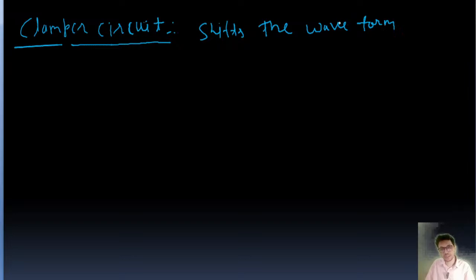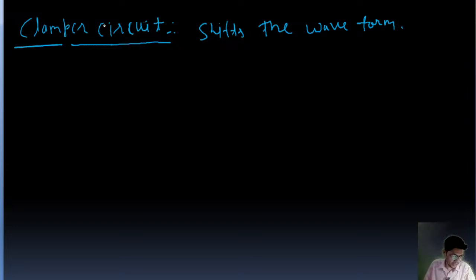What does a clamper do? It shifts the waveform. We have studied the clipper, right? That clips the waveform. In a similar way, the clamper circuit shifts the waveform.